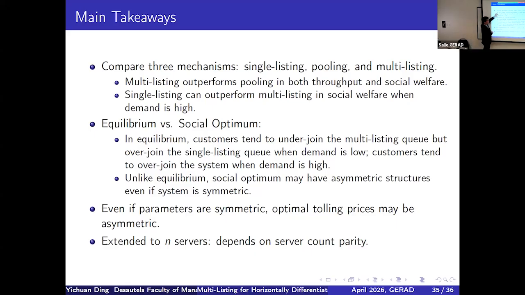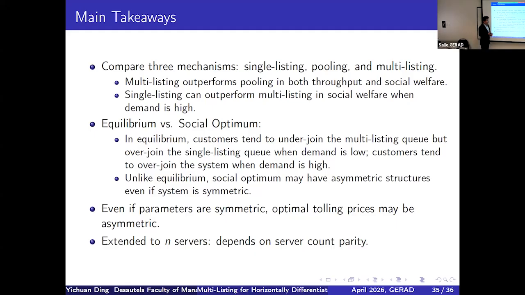However, this difference will be much smaller when n is an odd number, right? When you have an odd number of servers. And we also show a very interesting phenomenon: the social optimal or revenue maximization point could be asymmetric when n equals 2, because we want to intentionally create differentiated valuation for the people who join the multi-listing queue, right?